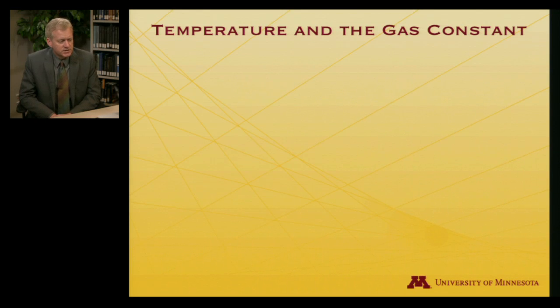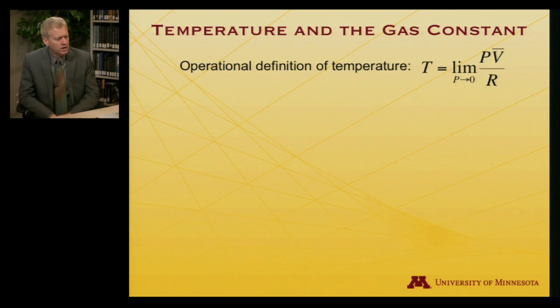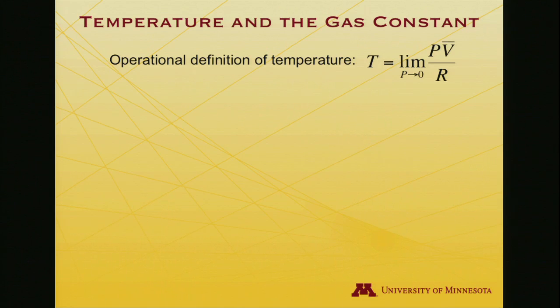So let's investigate a little bit more closely temperature as a concept, as well as the universal gas constant. So what is temperature? It turns out that the operational definition of temperature is the following. If you rearrange the ideal gas equation, temperature would be pressure times the molar volume divided by the gas constant.